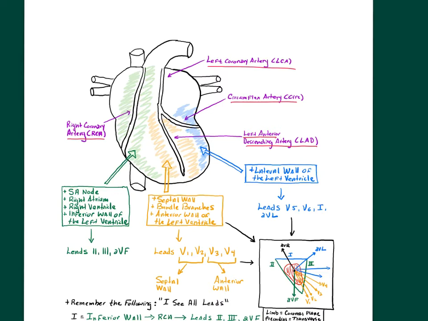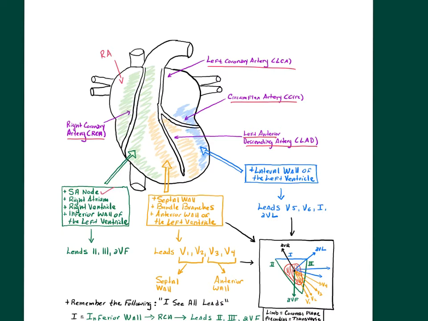So let's start on the right side. If you look at the right coronary artery, what structures do you think are going to be perfused by that right coronary artery? Yeah, the right atrium, right? And what important structure exists within the right atrium? The SA node, absolutely.